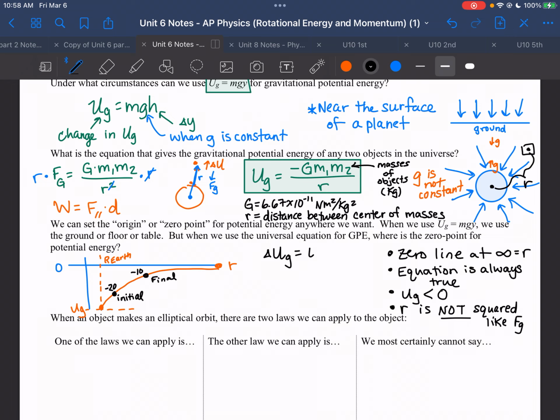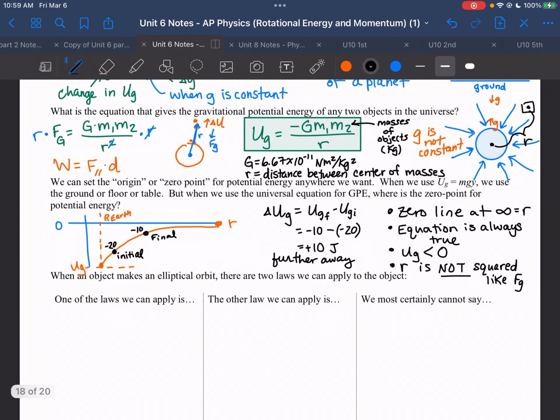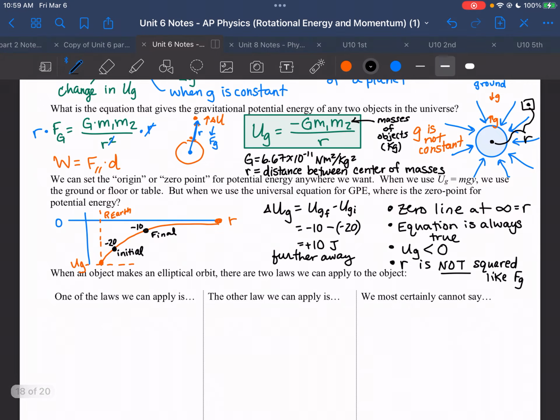If you do final minus initial, that's -10 minus -20, which ends up getting you a positive 10 joules of energy. So as you go further and further away, you are storing energy in that gravitational field. That is all true. You still have a positive amount of energy. It's just if you look at it individually, you have a negative amount. All right, we'll do the rest in just a bit.